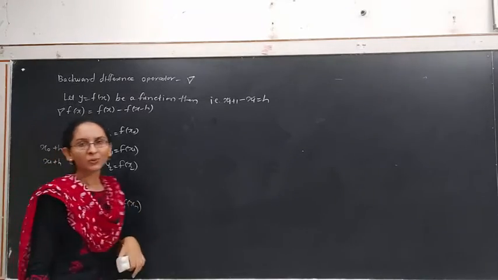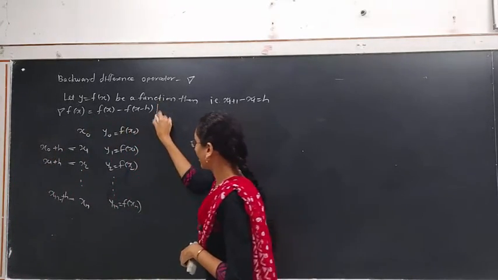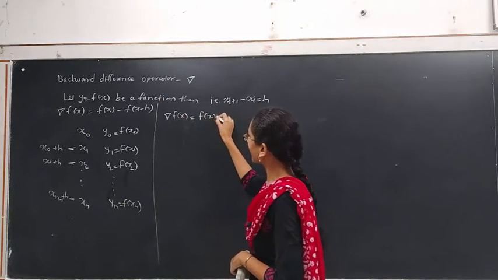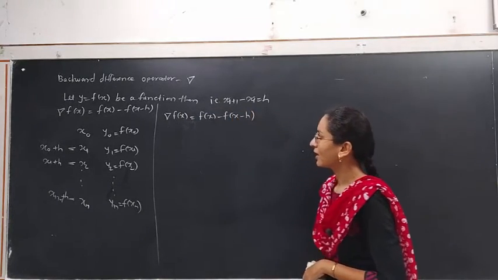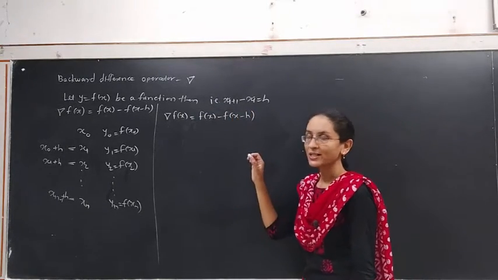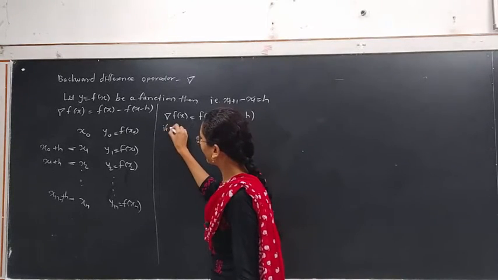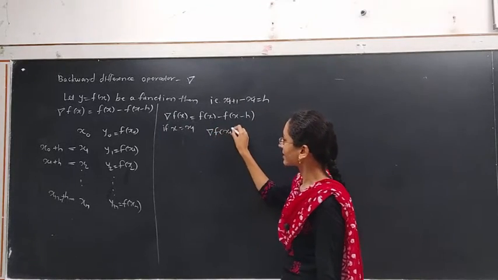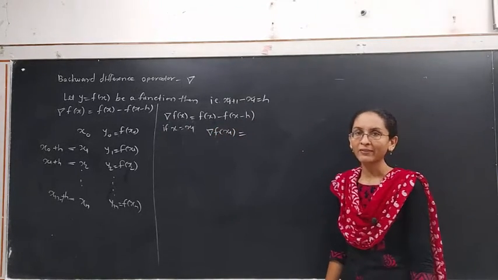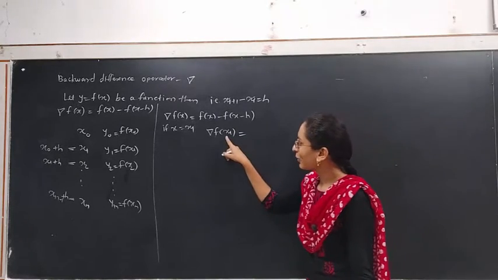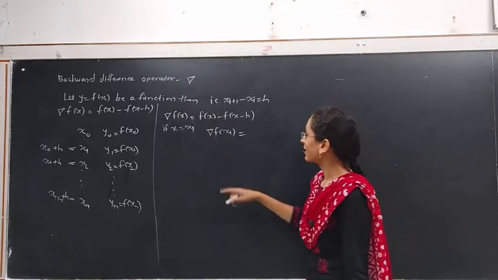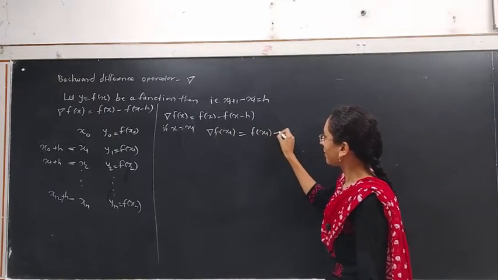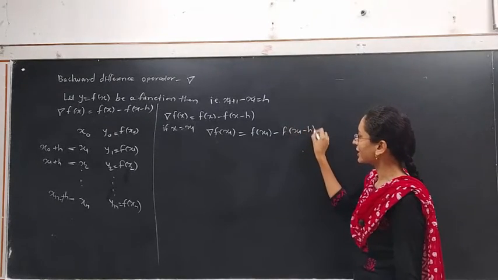Now we have this formula. Nabla f of x is equal to f of x minus f of x minus h. If we substitute x is equal to x1 in this equation, then what do we get? Nabla f of x1, the first order backward difference at the point x1, by this definition, is f of x1 minus f of x1 minus h.